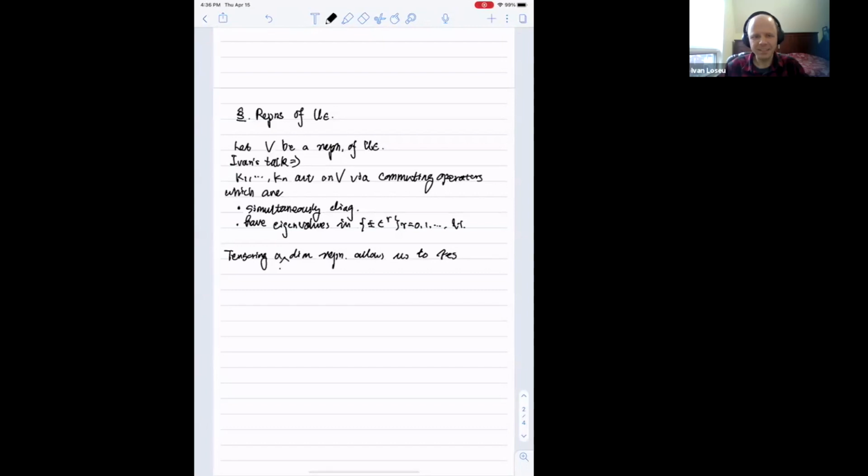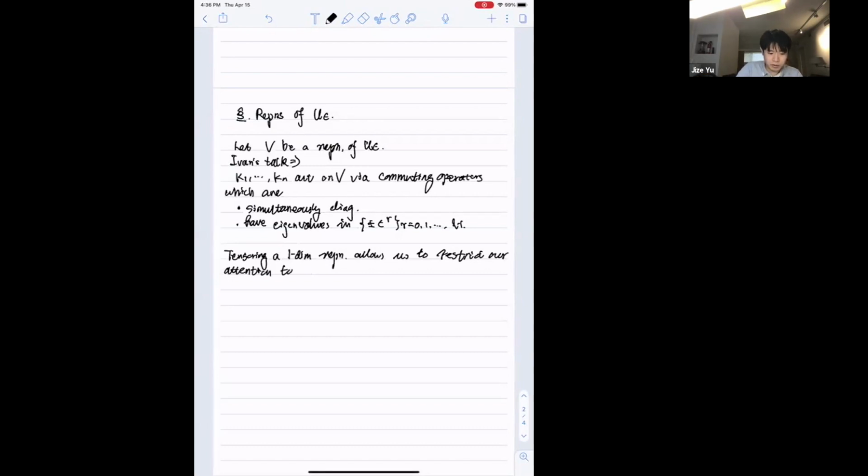Let me just write. Tensoring a one-dimensional representation allows us to restrict our attention to those representations on which K_i to the power of L acts by 1 for any i.